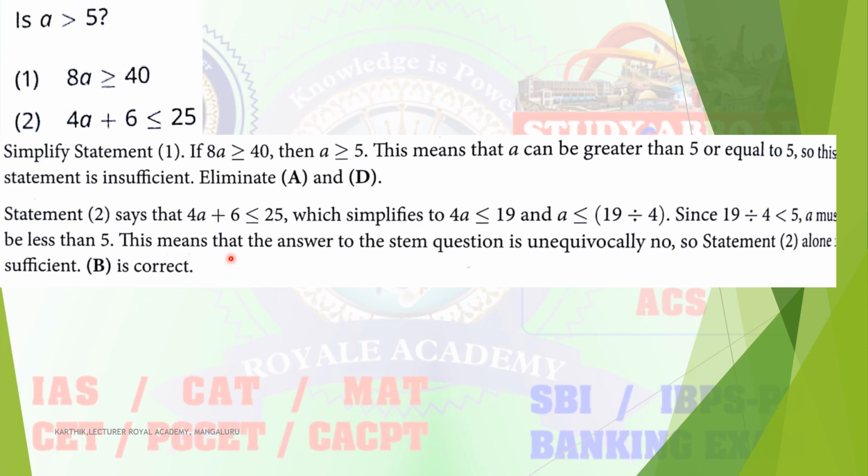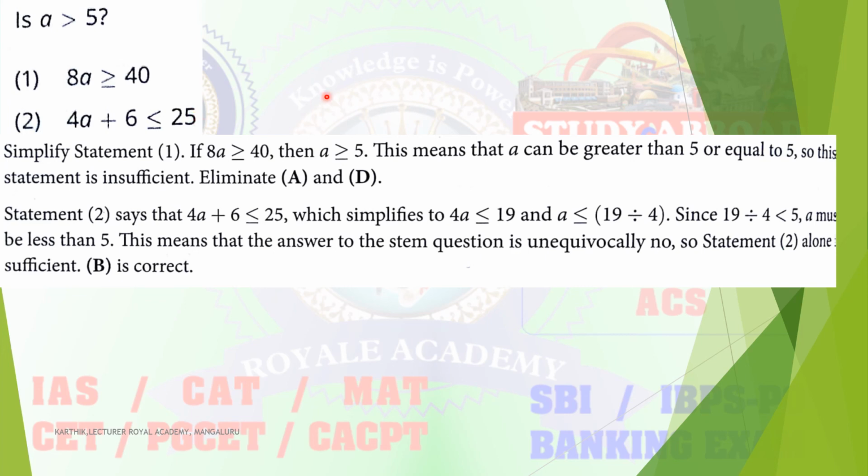I hope all of you understood. From the first statement, you get two different answers: either a is 5 or more than 5. But in the second statement, 19 divided by 4 is always less than 5. So only one answer comes from the second statement: the value of a is always less than 5.